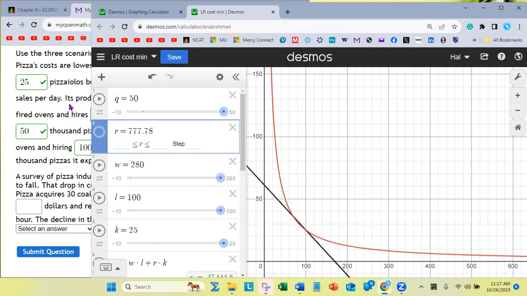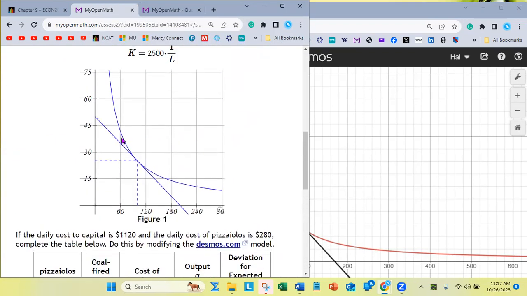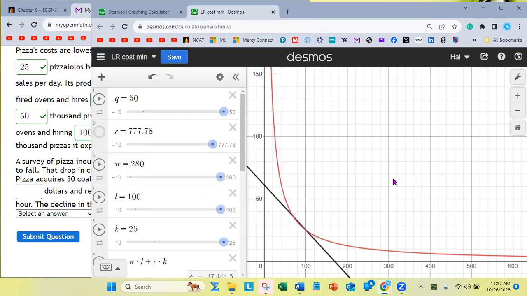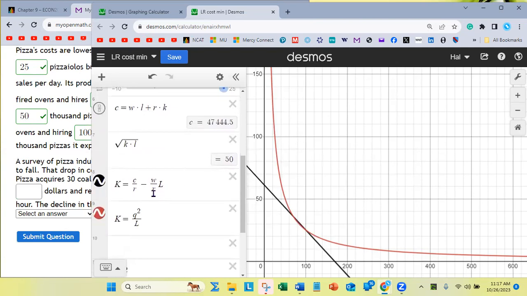Why is that? Remember, the iso-cost line has a slope. Where's it at? Right here. Our iso-cost line has a slope equal to the daily wage divided by the daily rent. My rent went down, which caused the slope, or this fraction, to go up in value. So my slope increased.